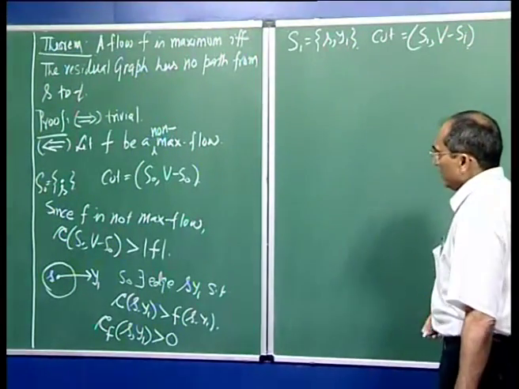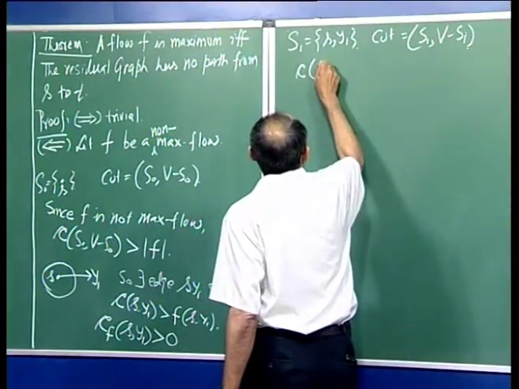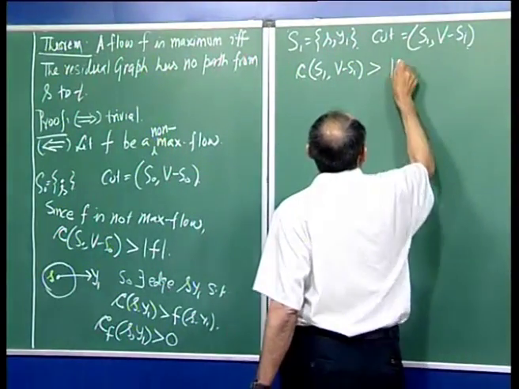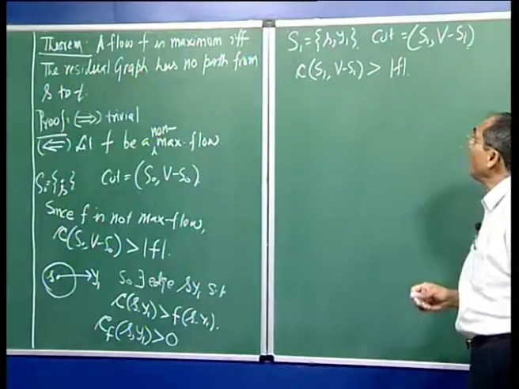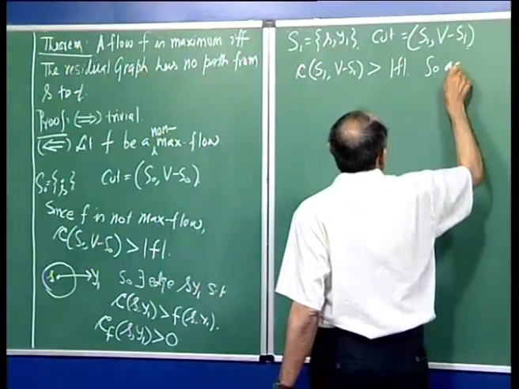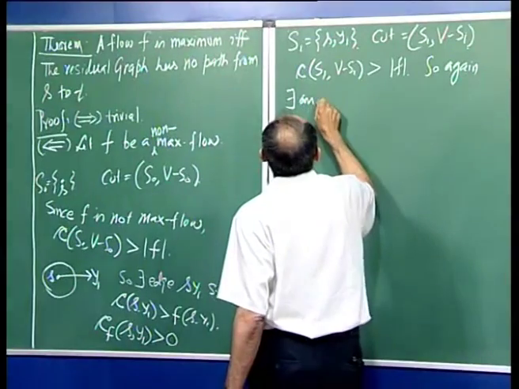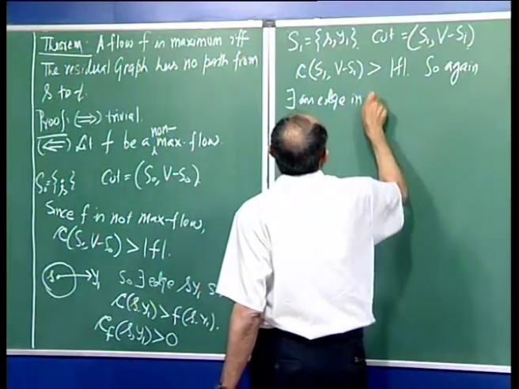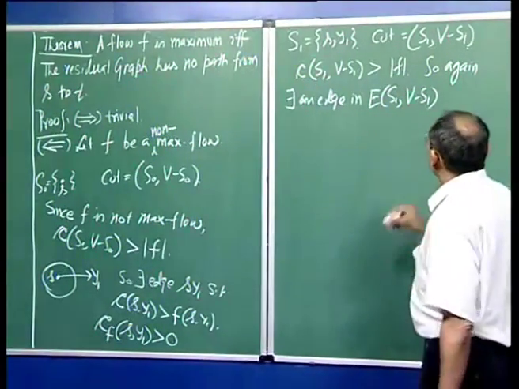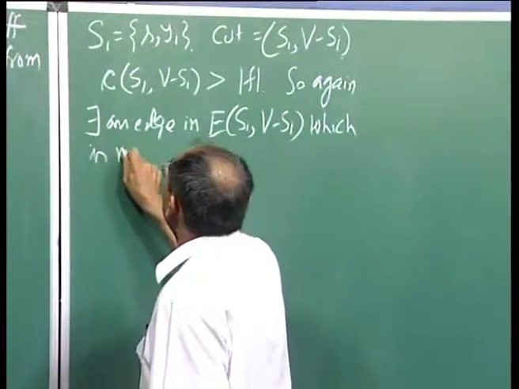Once again, I am claiming the capacity of (S1, V minus S1) is strictly greater than the flow, and hence again there exists an edge in the edge set of (S1, V minus S1) which is not saturated.